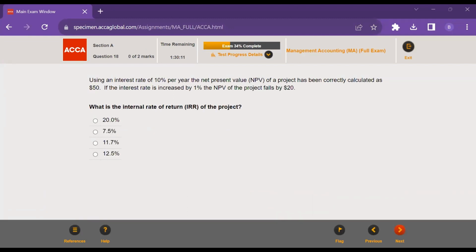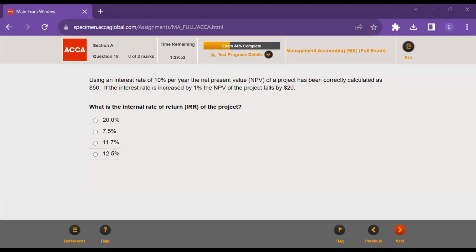Using an interest rate of 10% per year, the net present value of a project has been correctly calculated as $50. Now, if the interest rate is increased by 1%, the NPV of the project falls by $20. Now, we have to find out what is the IRR of the project.